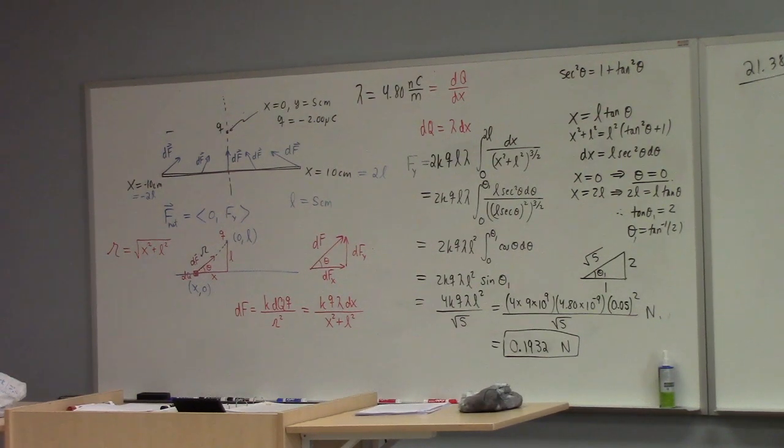So E1 and E2, they're both positive charges, which means that the electric field goes radially away. So E1 is going to go like this. There's your E1. E2, it's going to go like this, radially away.